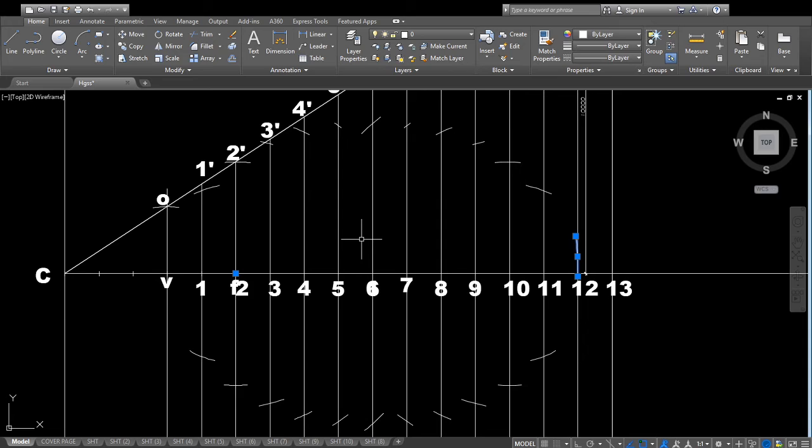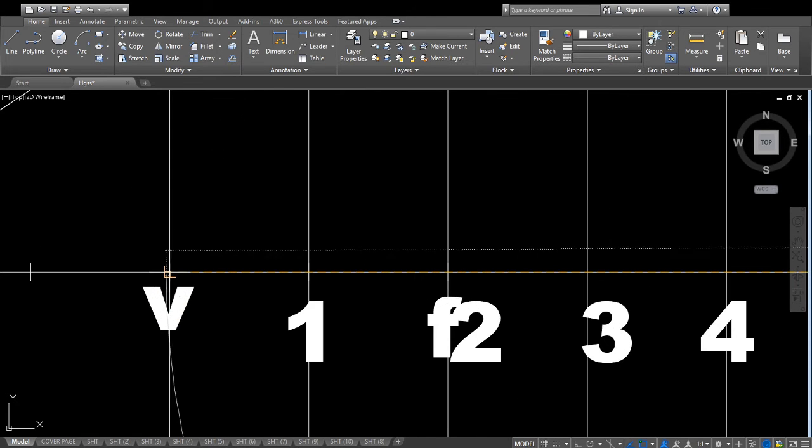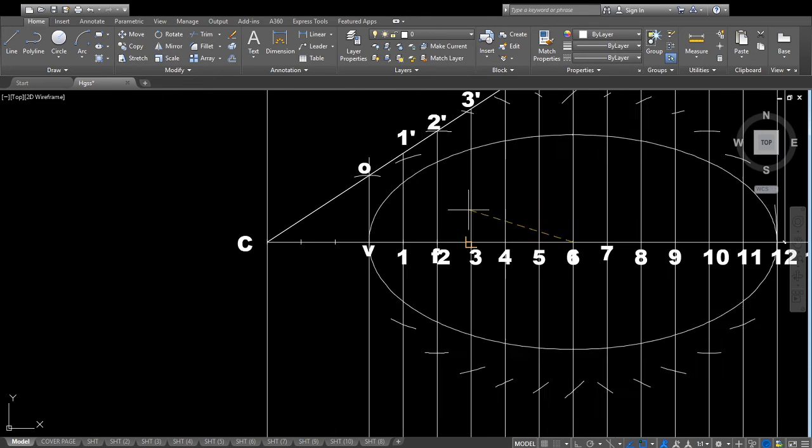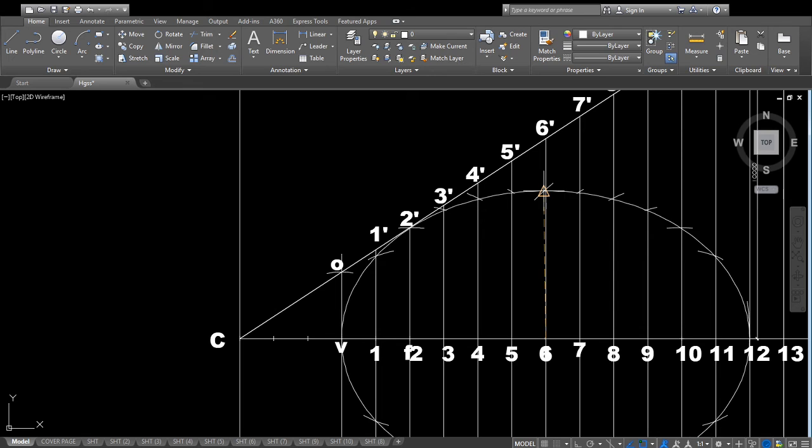Now with your French curve, or if you're very good with your free hand, you can neatly and carefully bring out the shape. In my own case, I'll pick my elliptical curve here and then bring it out.